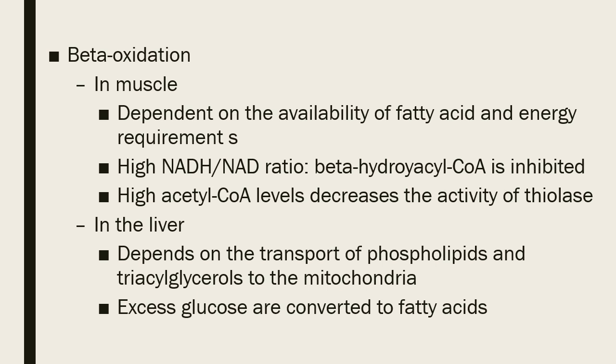When there is an excess of glucose molecules, they are converted into fatty acids, and your malonyl coenzyme A is the first product that is committed for the synthesis of your fatty acids.